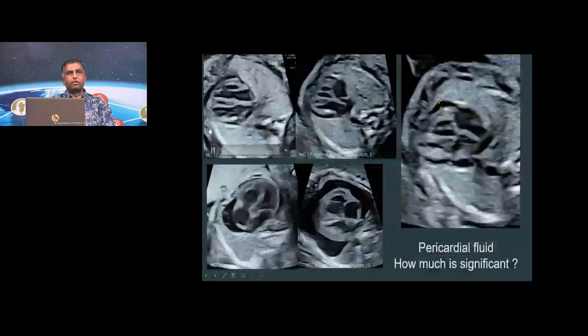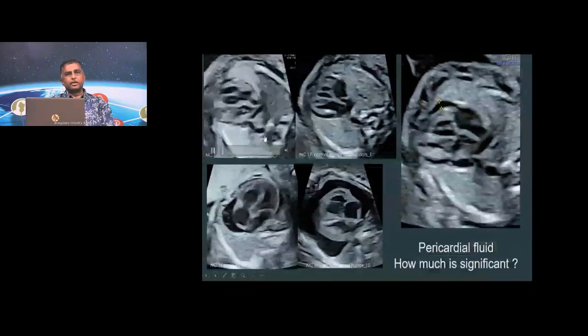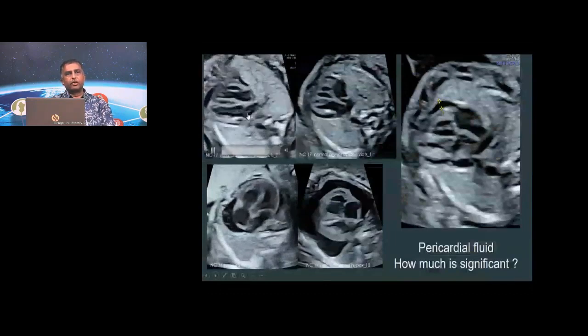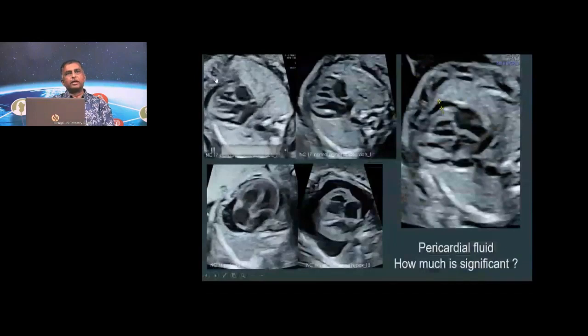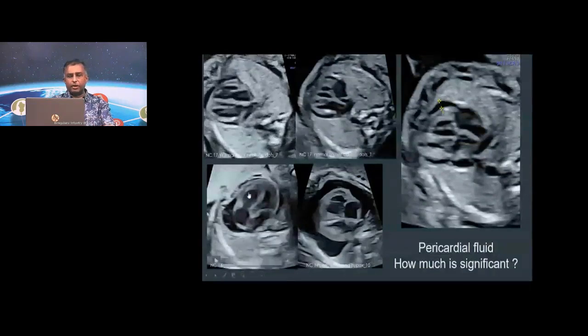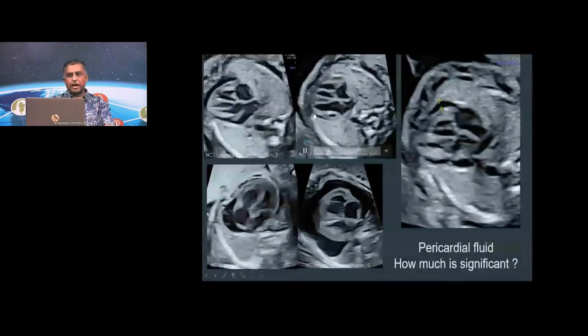So from there, we move on to the issue of pericardial fluid. Now here is an image that you see here. That's the four-chamber view of the heart, and you have some fluid happening outside the heart over here. This is normal pericardial fluid. You can see that sliver of fluid is normal.